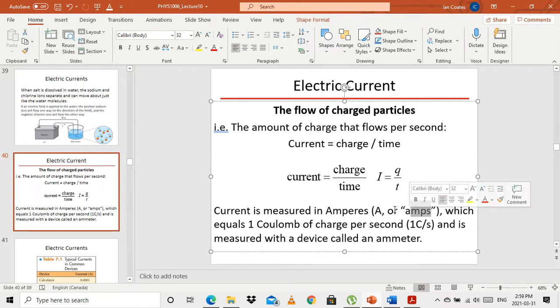But amperes, or A, is how we measure current. An ampere equals 1 coulomb of charge per second. So that is 1 ampere. You can measure this with a device called an ammeter. Ooh, that just might be a good little question. So I is equal to Q divided by t. Current is equal to charge divided by time.